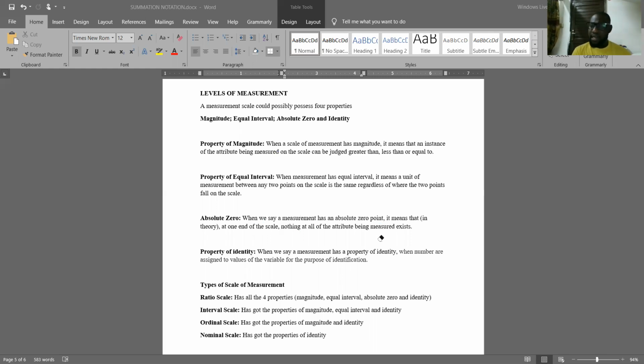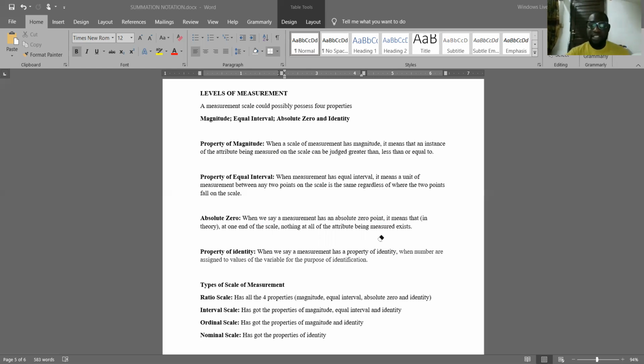All right. Then the next one has to do with identity. Identity basically helps us to classify or identify variables using numbers. With identity, basically we assign numbers to variables just to help us to identify them.